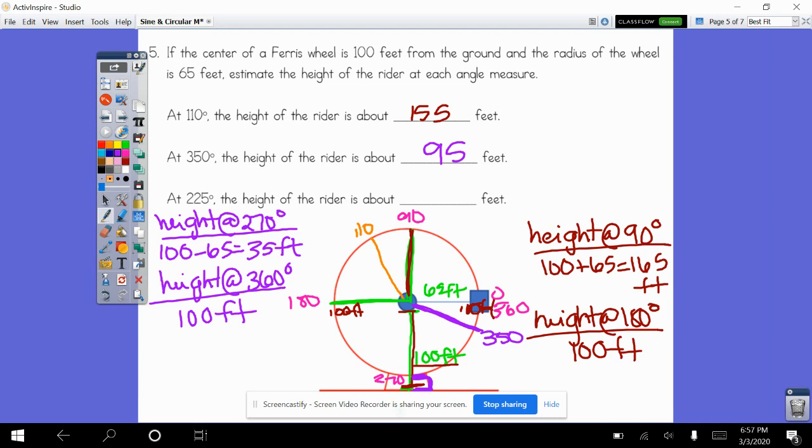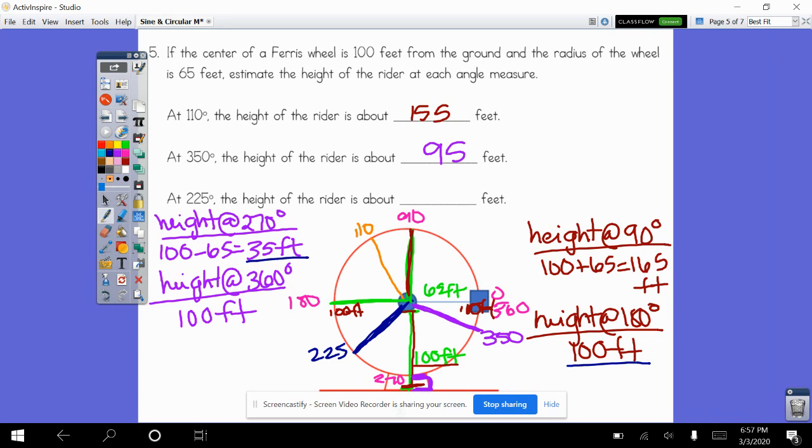Great. At 225 degrees, let's see, 225 degrees is kind of halfway between 180 and 270 as far as the angles go. And I already know that the height at 180 is 100 feet and the height at the very bottom is 35.